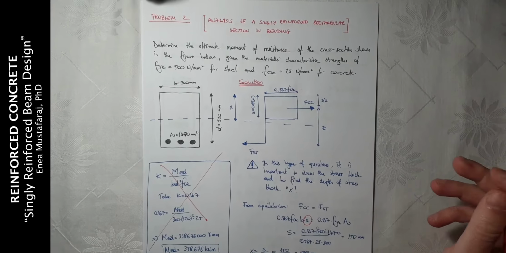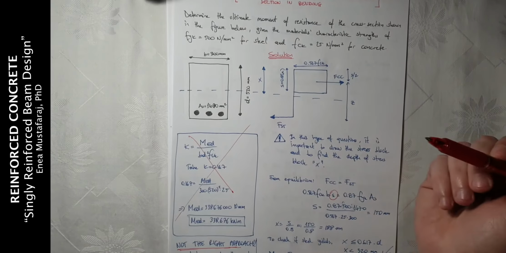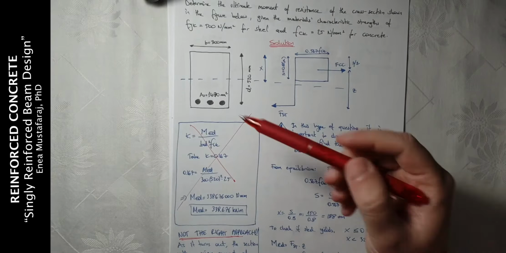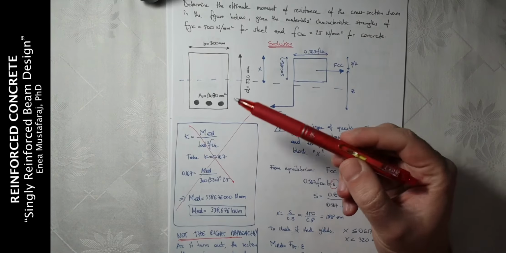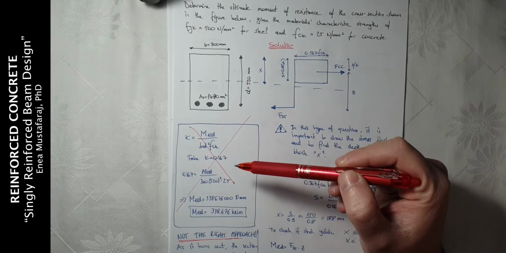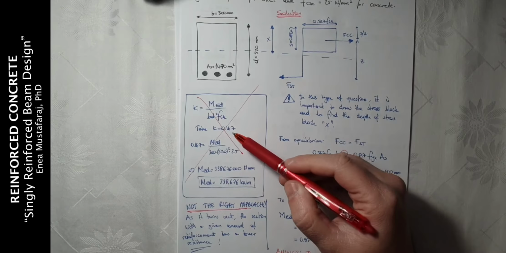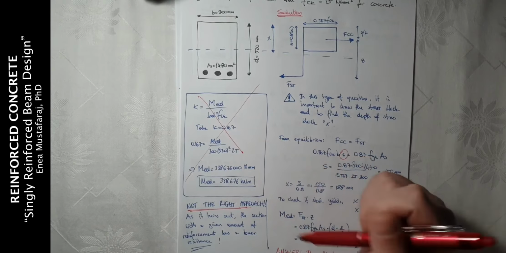However, there is a common mistake that students make: directly using the formula for K, which is MEd divided by b d squared fck, and taking the maximum value of K, which is 0.167.